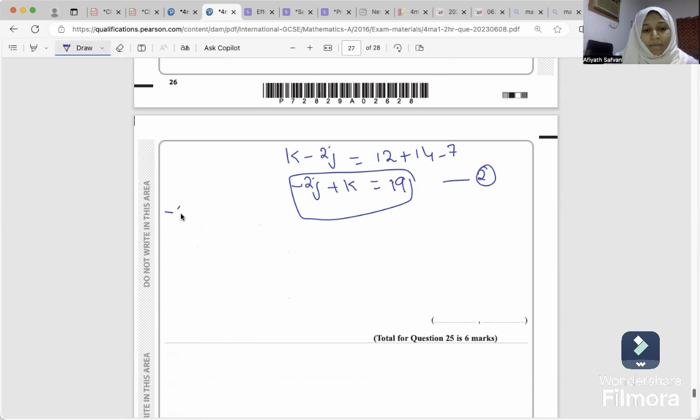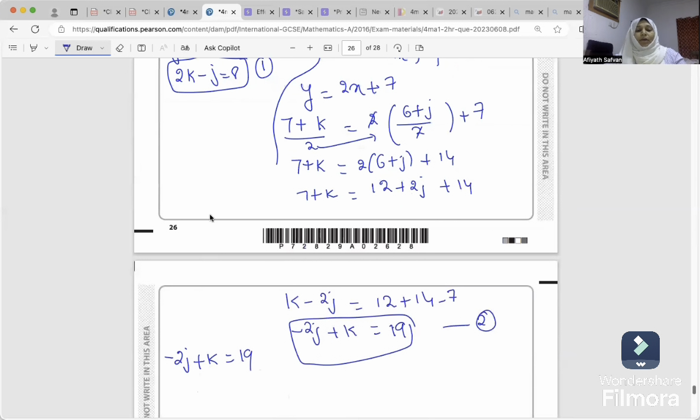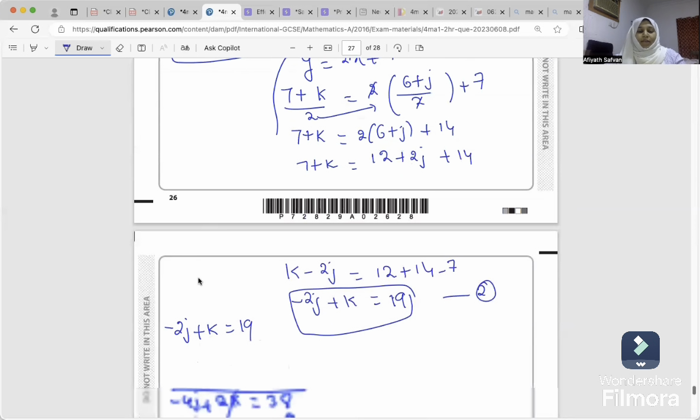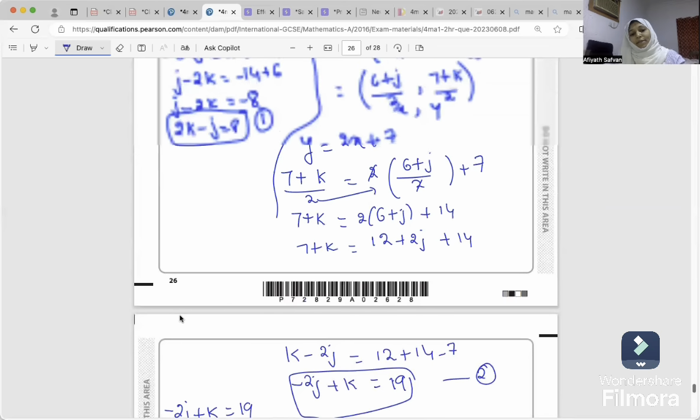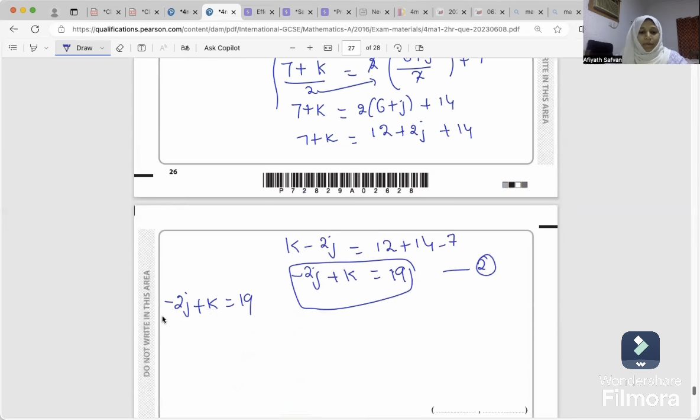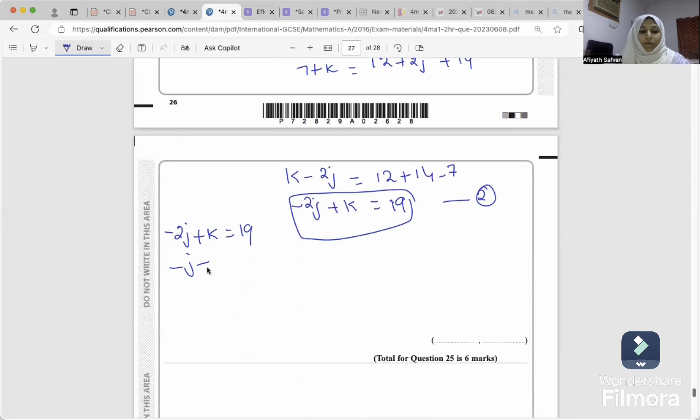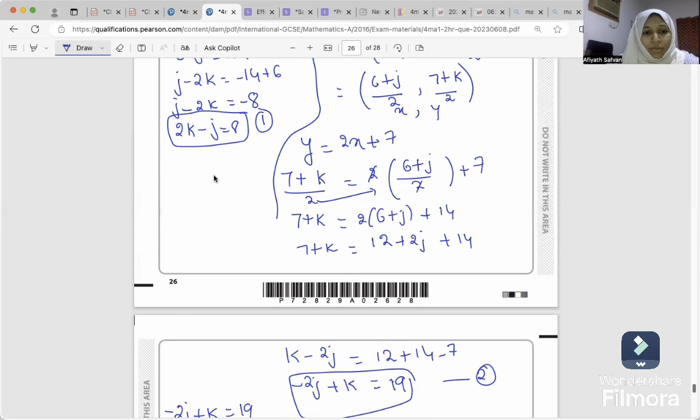Equation number 1: minus 2j plus k is going to be 19. And my second equation is 2k minus j is equal to 8, or I will write it as minus j plus 2k is going to be 8.